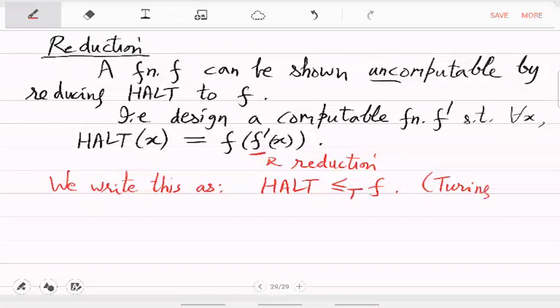Okay, there is a Turing reduction, and this means that f is also uncomputable. So we will make it more precise for complexity in the next class.